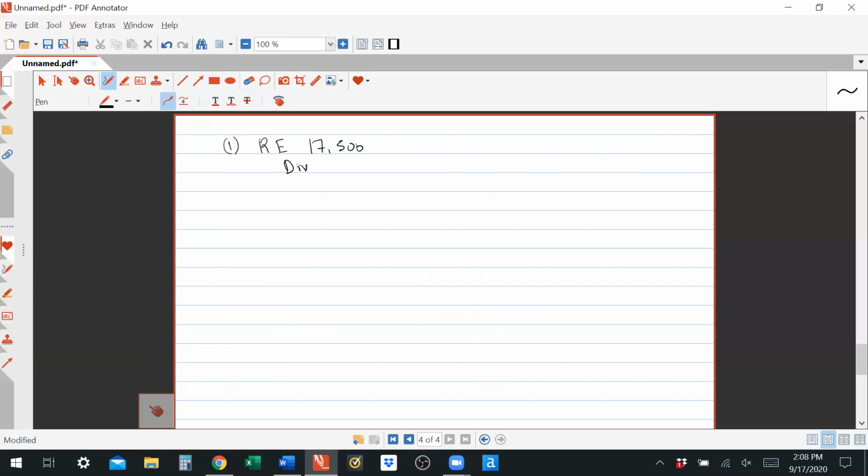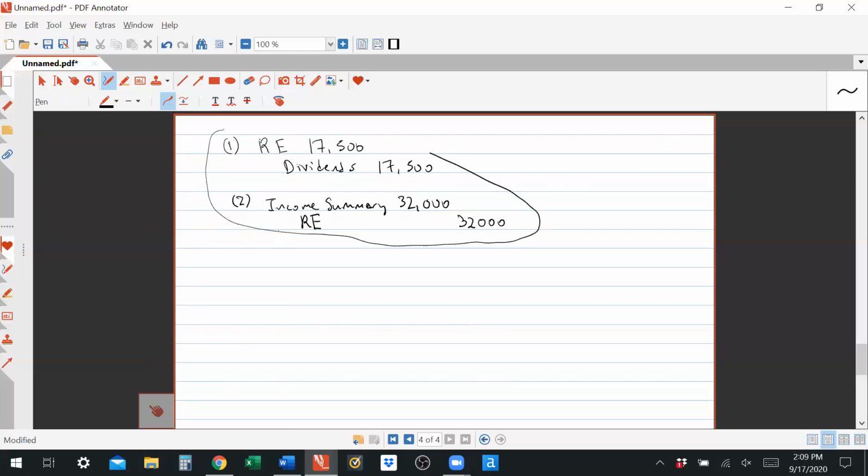This closes the dividends account out. And then to close the income summary account, we would debit income summary, credit retained earnings. So those are the two journal entries that they want. These two journal entries complete the closing process.